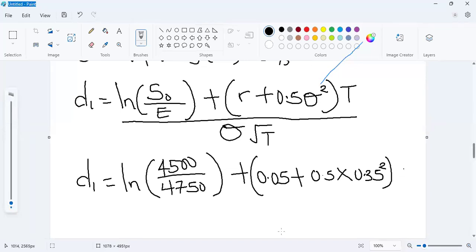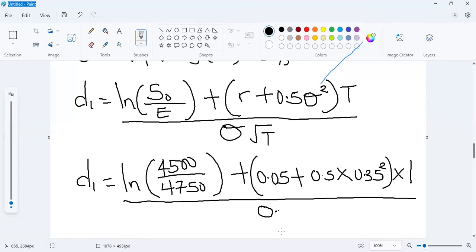The time, 1 year, multiplied by 1. Everything over standard deviation, 0.35, multiplied by the square root of 1. Please compute your D1.